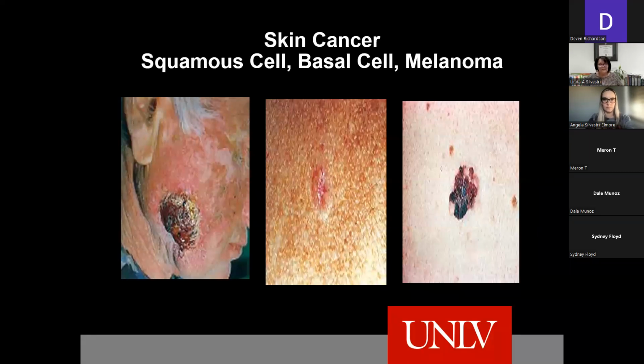All right. Okay, so here's a picture of skin cancer. Skin cancer is something that you would probably see on the exam because it's very common, and we're always worried about sun and sun tanning booths, etc. Here's your squamous cell, your basal cell, which is the least invasive, and then the melanoma, which is most invasive.